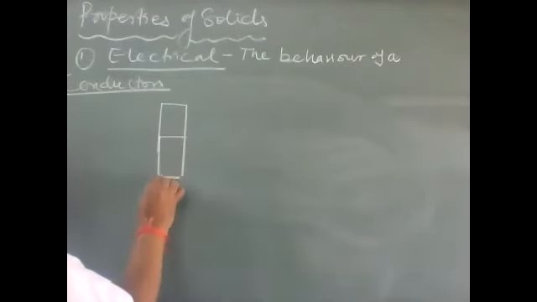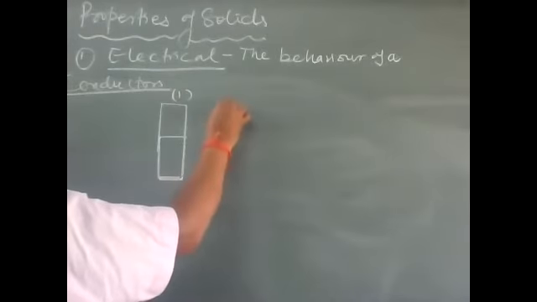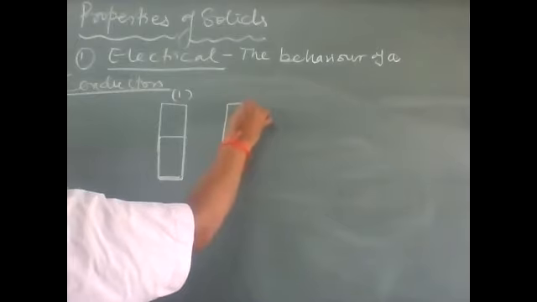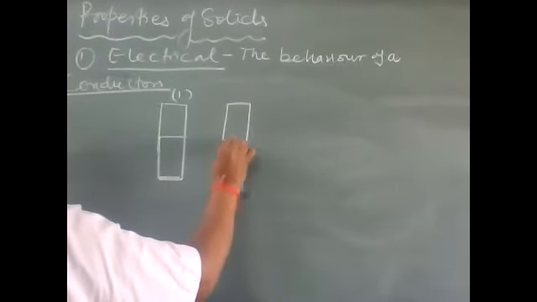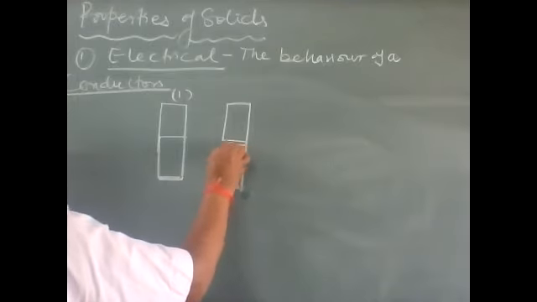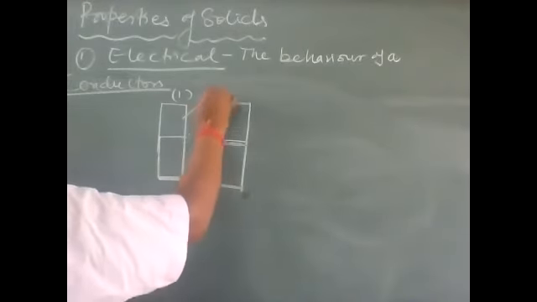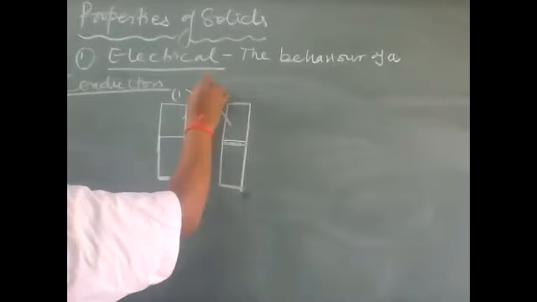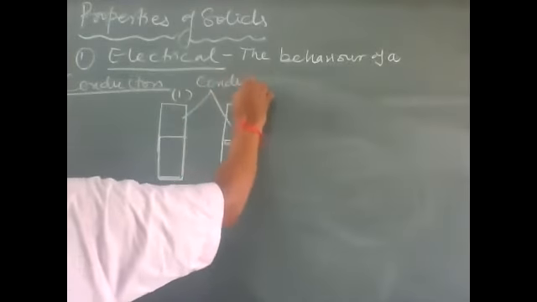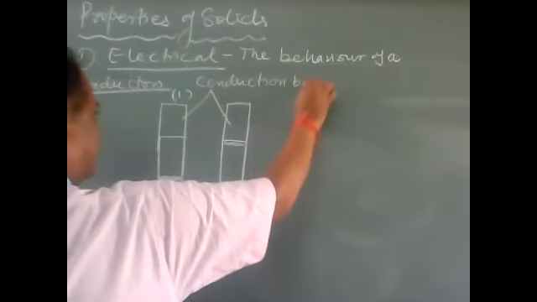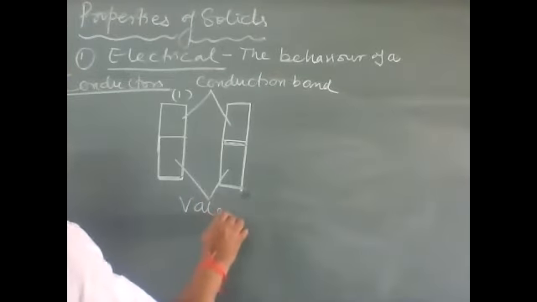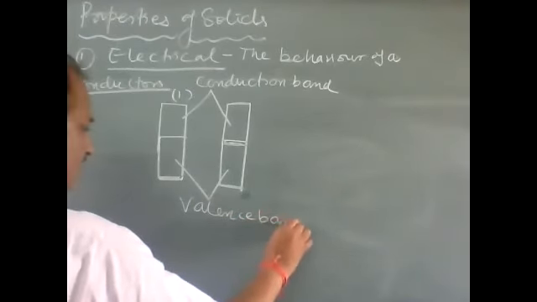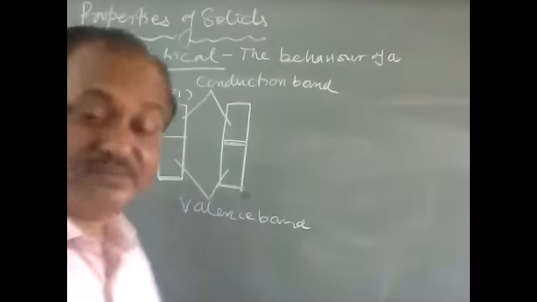Here, this is the first condition, and here there is the second condition. See how they differ from each other. The outermost is the conduction band, and this is the valence band.